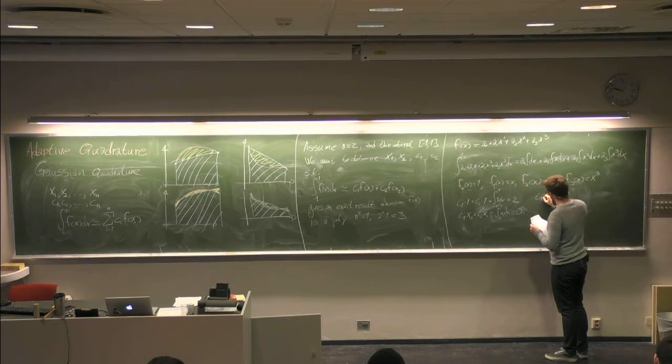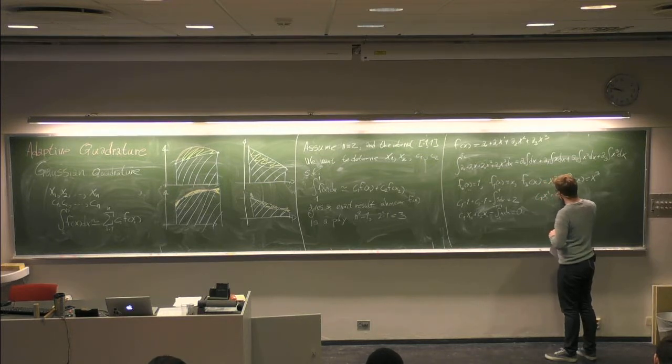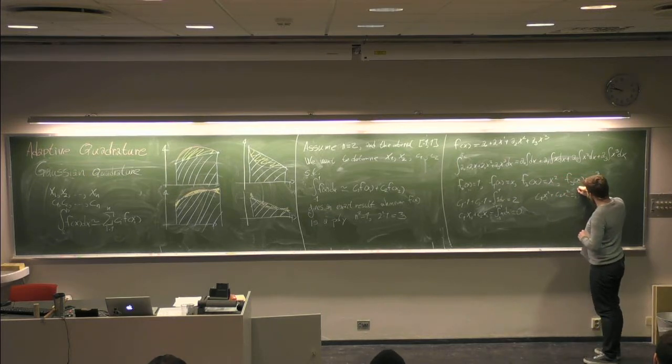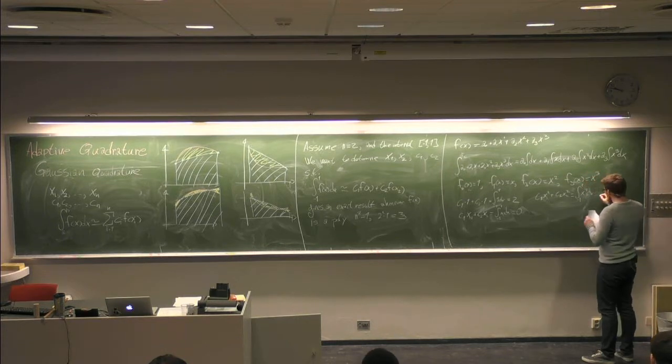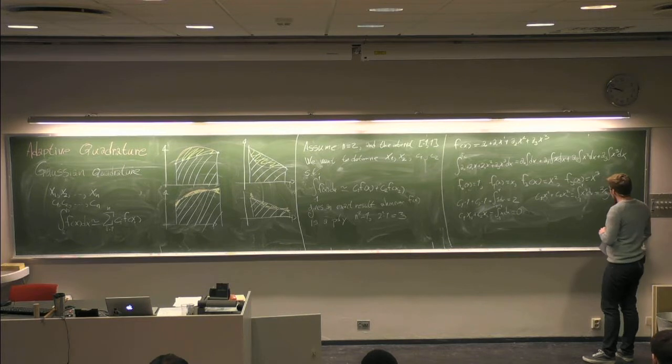Next we have C1 x1 squared plus C2 x2 squared, which should be equal to the integral from -1 to 1 of this f2 function, which is x squared dx, which should be 2/3.